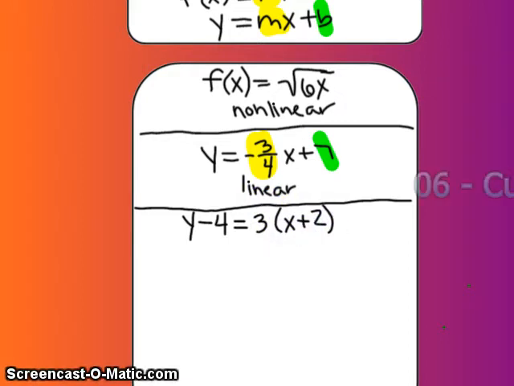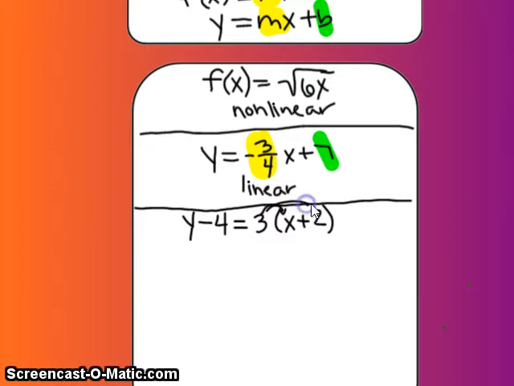Now right off the bat, we can't decide because the y isn't by itself. To know it's linear, it has to be y equals. So you have to get rid of that subtracting. Also, in y equals mx plus b, there are no parentheses. If we can get rid of the parentheses, we want to. So we get rid of the parentheses by doing our distributive property.